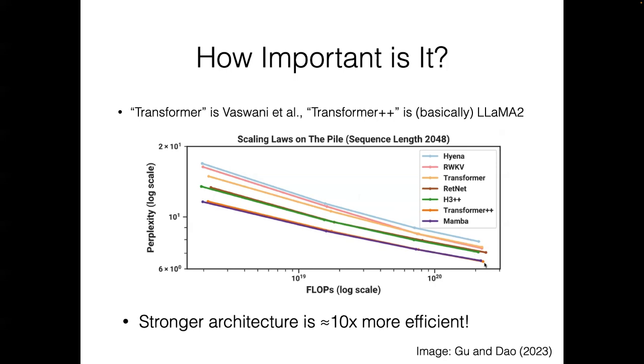And then here it's kind of hidden, but it's this orange. It's basically equal to this purple one, which is the improved transformer, like Llama 2. And so you can see by adding in all these different things, not only does the model get faster, which I briefly mentioned, it's actually getting lower perplexity. So it's doing language modeling better.